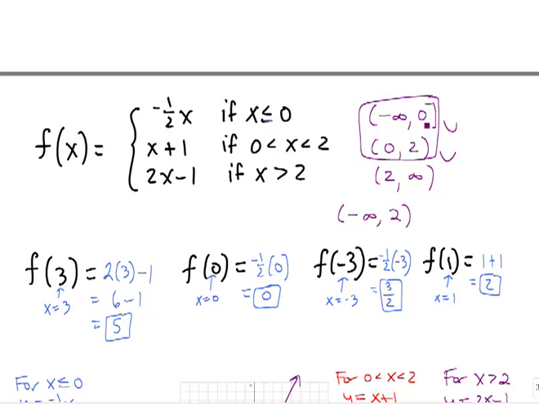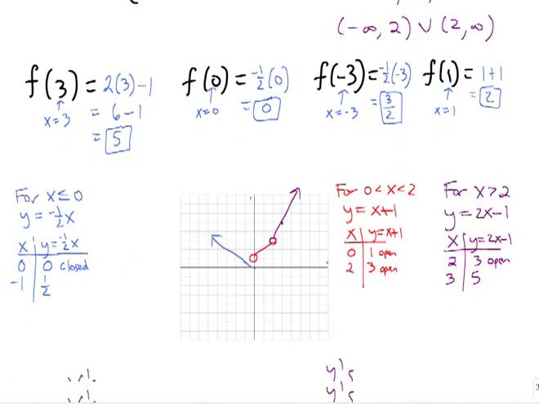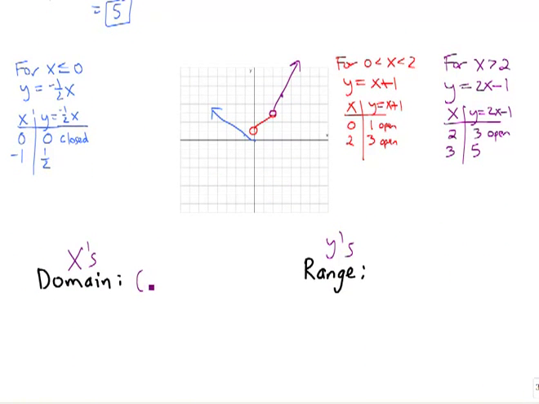So minus infinity to 0 and then 0 to 2 gives me the full interval minus infinity to 2. So I only really need one interval to describe these two put together. And then for the last one, we can add in 2 to infinity. Notice that this is really including all x's except 2, because we had a little hole right at 2. So if I go down here, my domain is minus infinity to 2 union 2 to infinity.